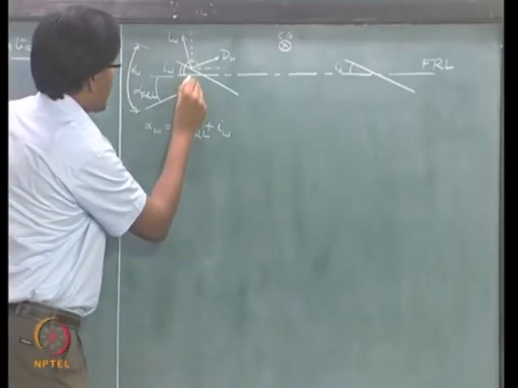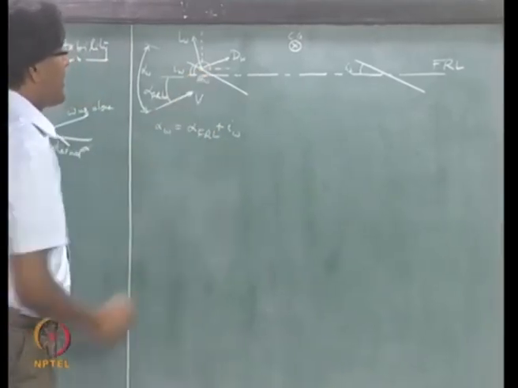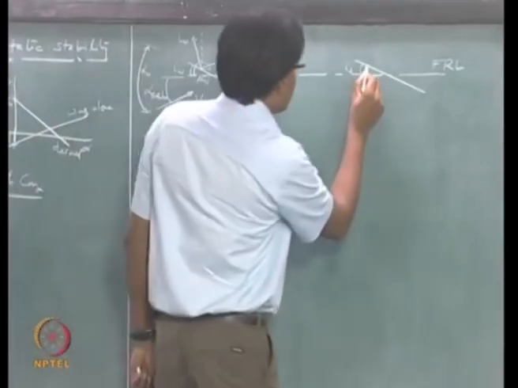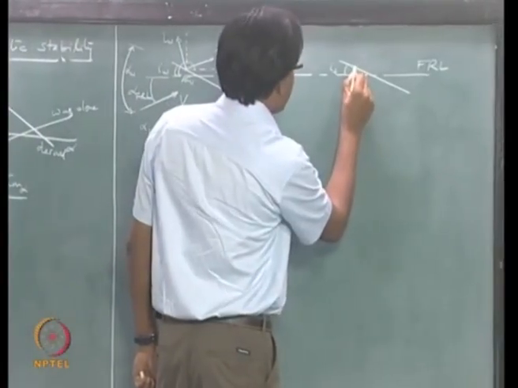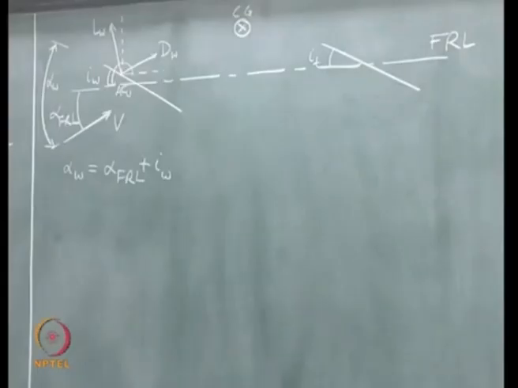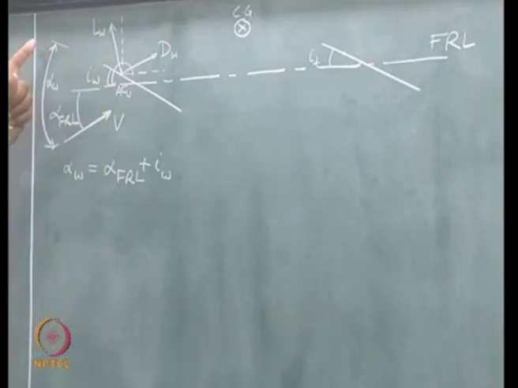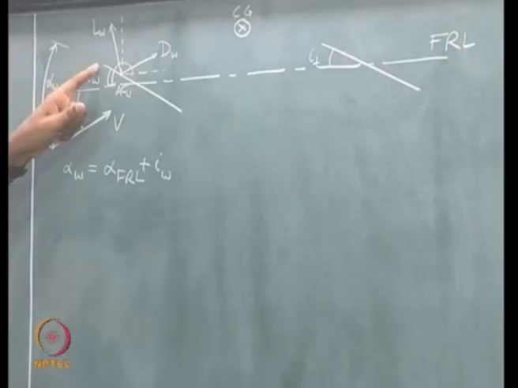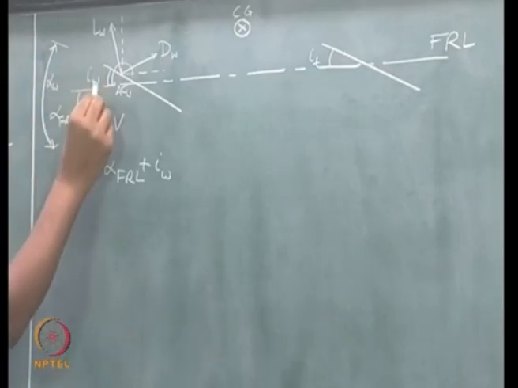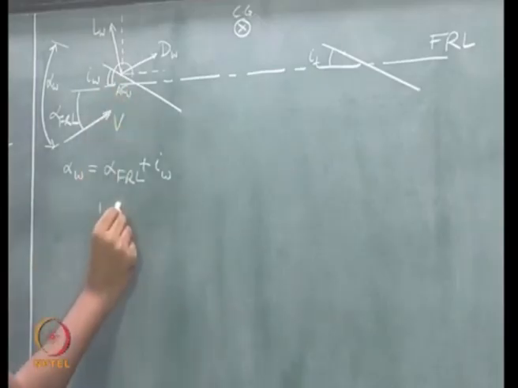This is the aerodynamic center of the wing, this point, and the aerodynamic center of the tail, so they are both located at quarter chord location, right. And remember we said we are going to measure all the distances from the wing leading edge, from this point.